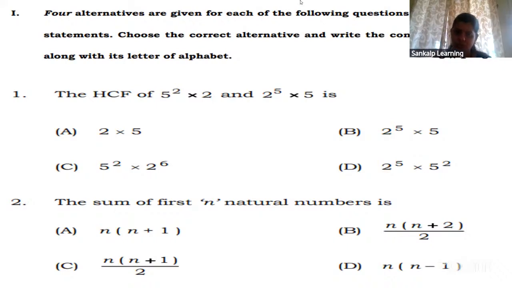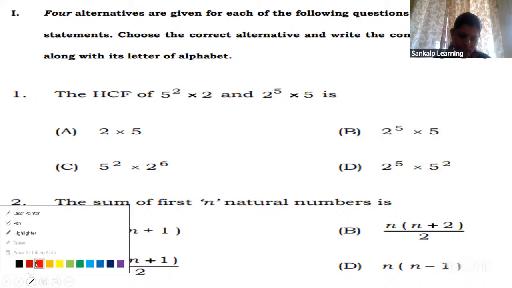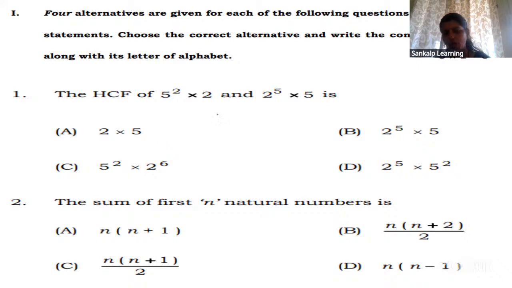So the first question is: HCF of 5 square into 2 and 2 raised to 5 into 5. HCF means highest common factor. How are you going to find out the HCF?